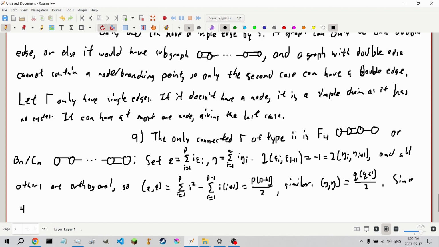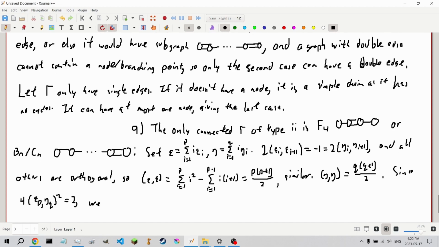Since 4 times the number of edges where these two meet up is by assumption 2, we have that the form of epsilon and eta squared is equal to p squared q squared times epsilon p and eta q, which is p squared q squared over 2, by the Schwarz inequality.